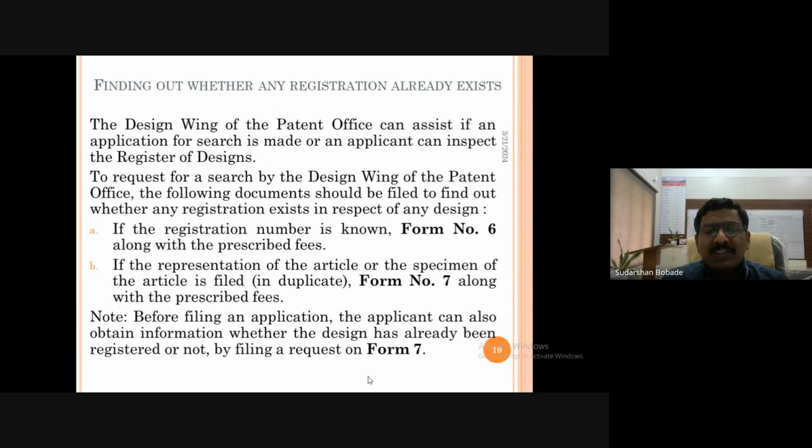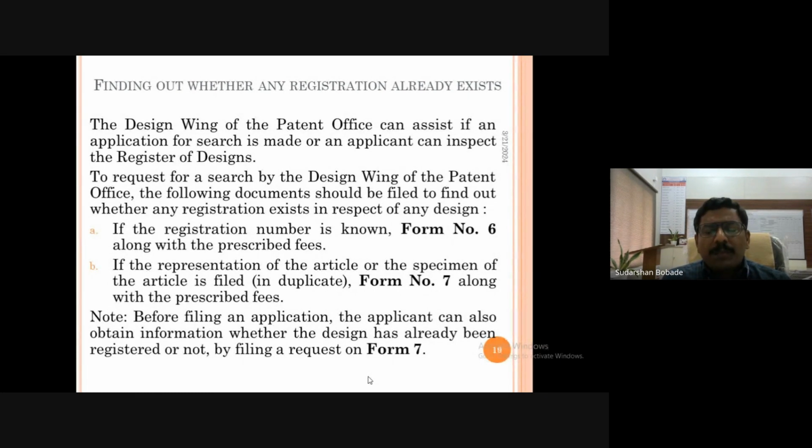If you don't have the registration number, then what we can do is go for form number 7. If the representation or the specimen of the article is filed, and if it is not granted, it is in between the examination, in between the objection, at that time also we can claim with the prior art. That form number 7 will help us to understand whether such a thing is in progress or not.